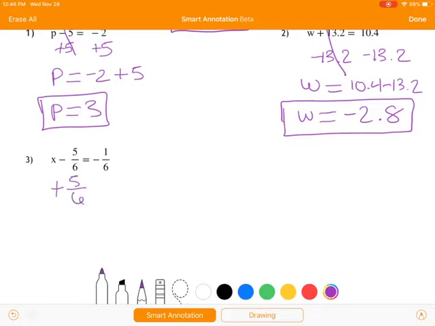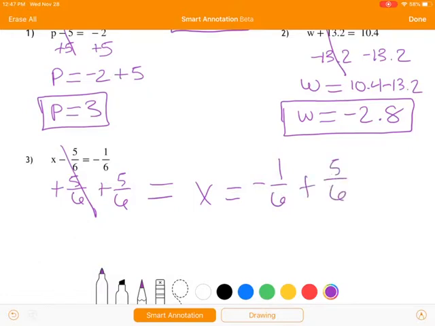So we want to do the opposite of that subtraction. I'm going to write it this way. So when we're left with that, those 5/6 cancel out. So we're left with x equals -1/6 plus 5/6.